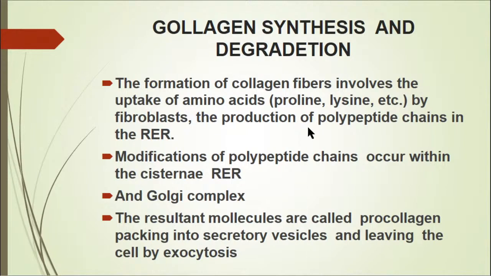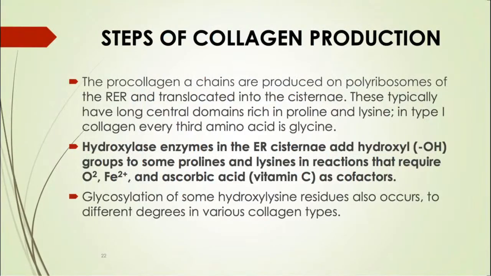The formation of collagen fibers involves the uptake of amino acids, proline, lysine, etc., by fibroblasts, the production of polypeptide chains in the rough endoplasmic reticulum inside these cells, and modification of polypeptide chains within the cisterna of the rough endoplasmic reticulum and Golgi complex. The resultant molecules are called procollagen. This procollagen is packed into secretory vesicles and leaves the cells by exocytosis.